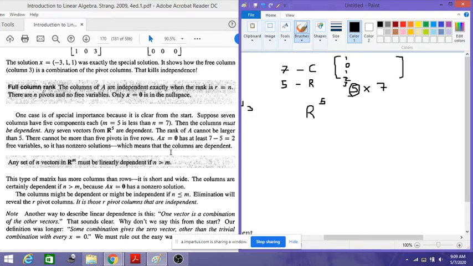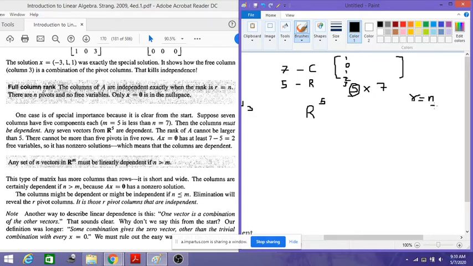So that is how you can understand it. That's what is given. There might be 5 pivots but 2 free columns, because for the matrix to be independent, the rank of the matrix, R, should be equal to n.